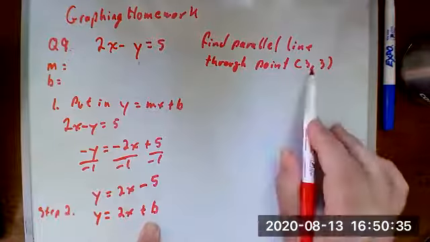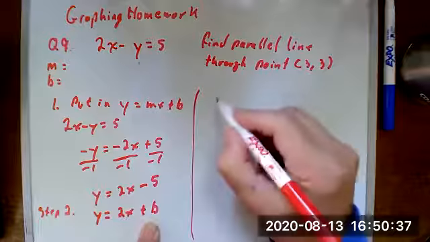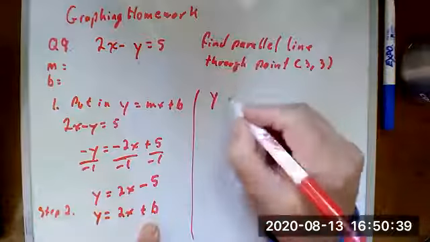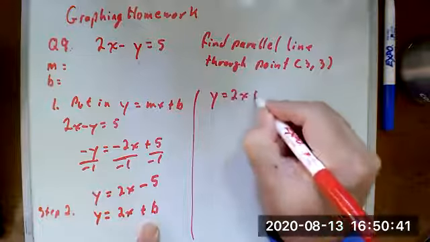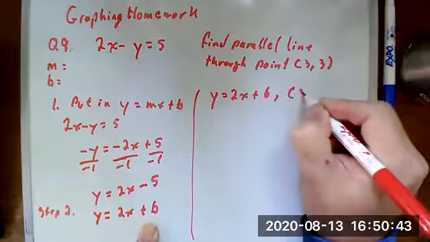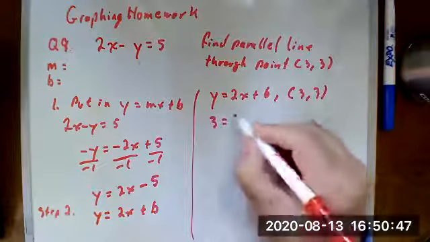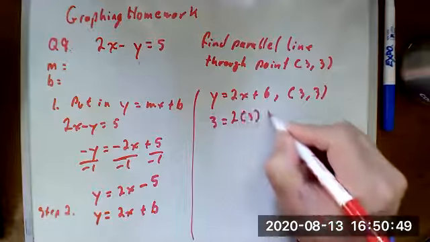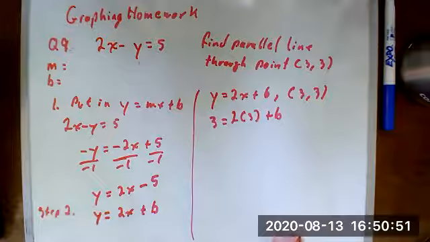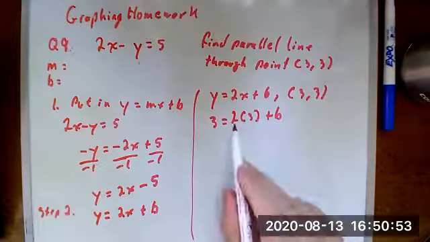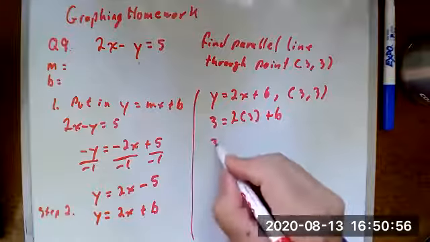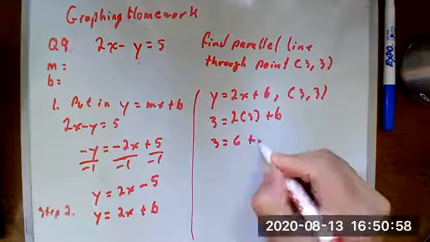So we're going to use the point that they've given us. We'll use the point 3, 3, which means we have 3 is equal to 2 times 3 plus b. 2 times 3 is 6, so 3 equals 6 plus b.